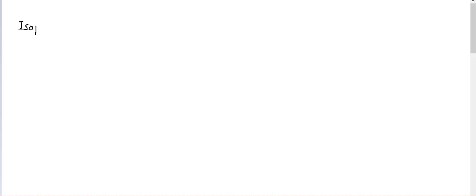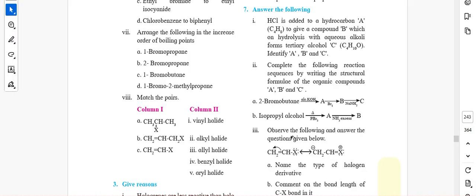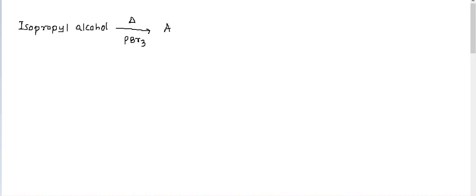So our starting material is isopropyl alcohol. Isopropyl alcohol when treated with PBr3, we get A, and if we add NH3 to this, we get B. So let's first draw the structure of isopropyl alcohol: CH3, CHOH and CH3.